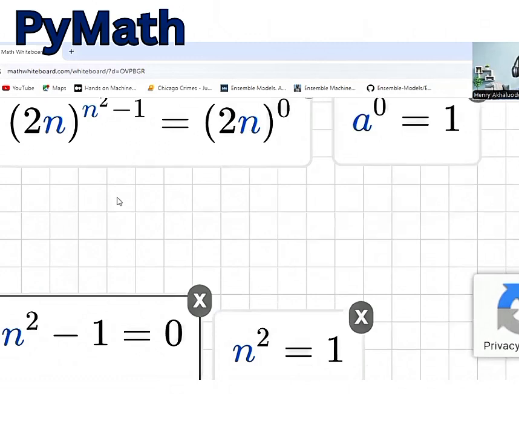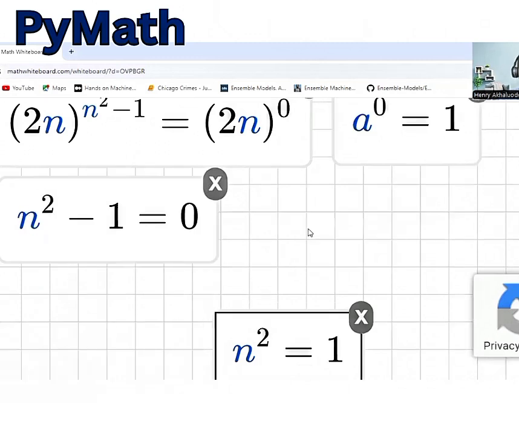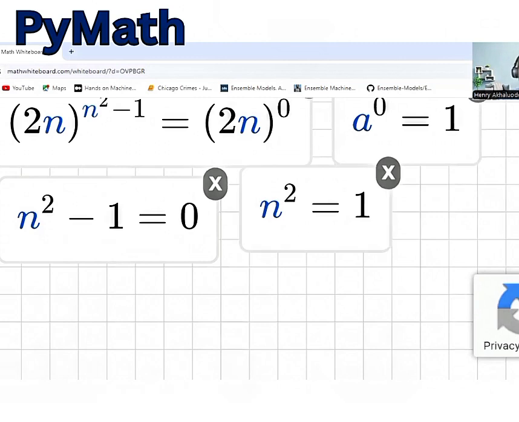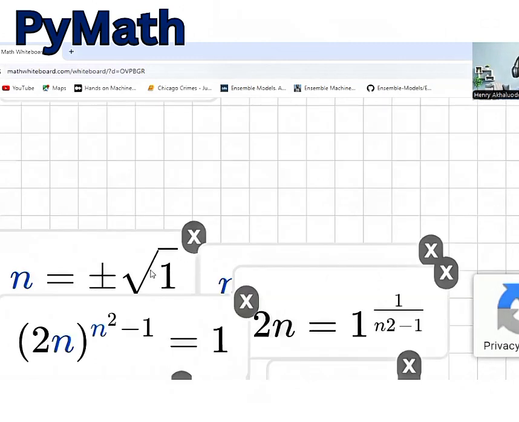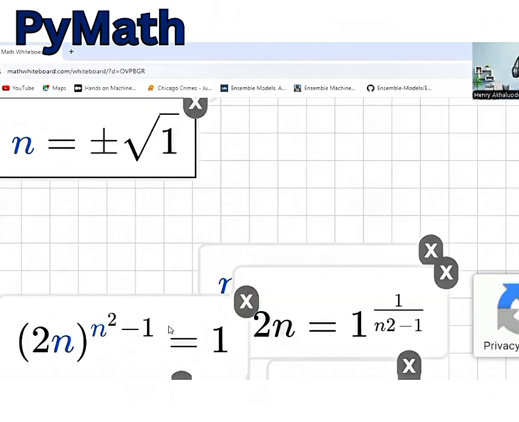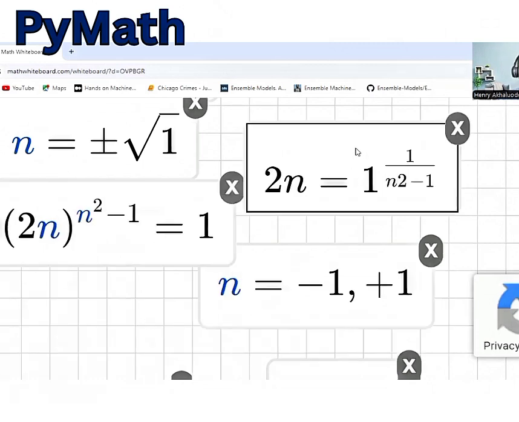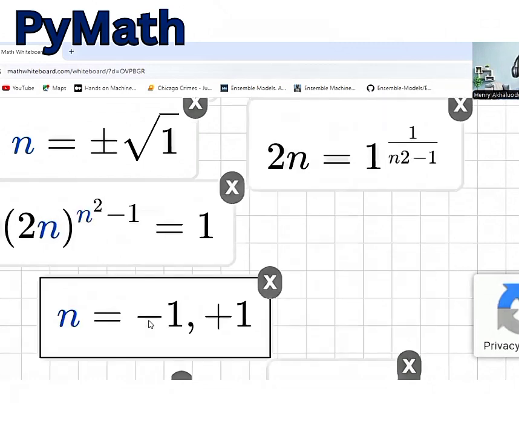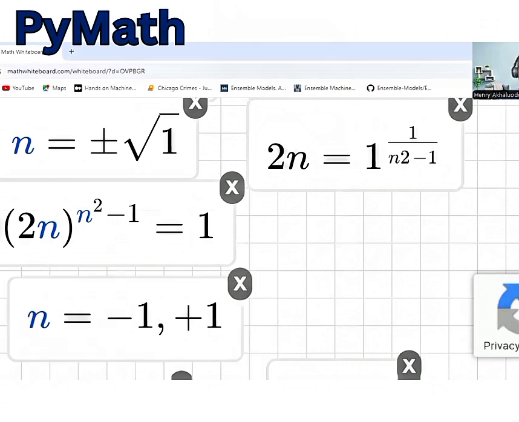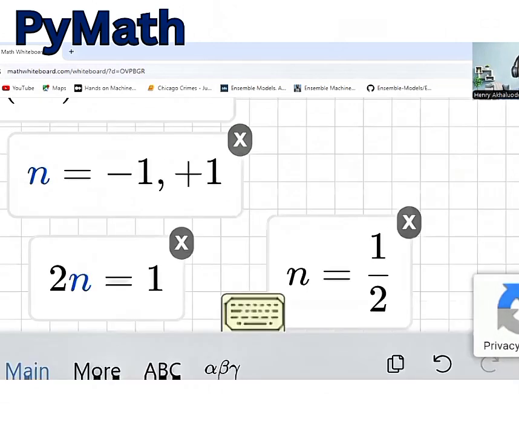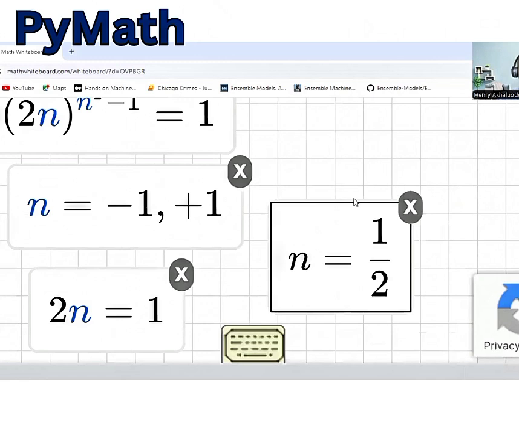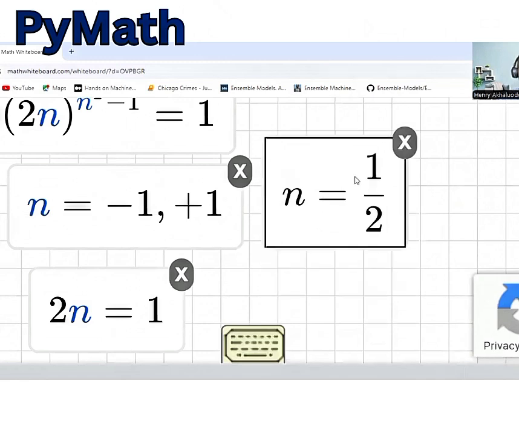Let's put them side by side and see all of the solutions. The first set of solutions we got was plus and minus 1. Here's the solution we got at first. Then the second solution we got here is n equals a half.